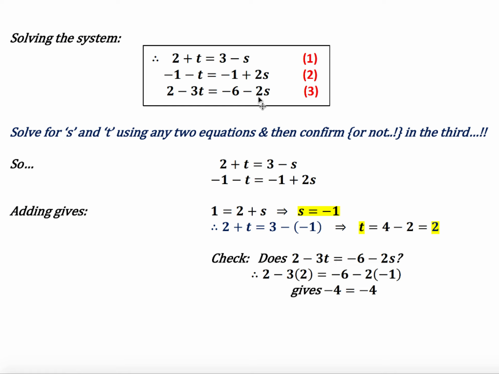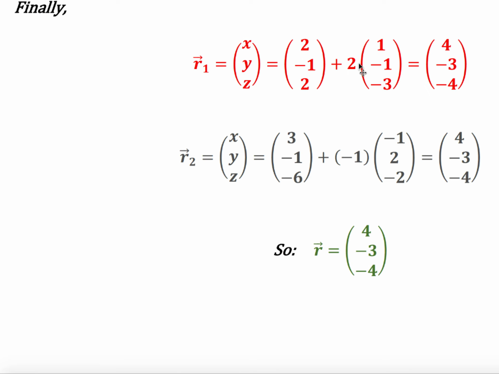So when you check out equation 3 and you plug t of 2 in there, s of negative 1 in there, it looks like you get a perfect balance, that negative 4 is equal to negative 4, and that confirms that these particular values are giving you, as it turns out, the place where they meet.